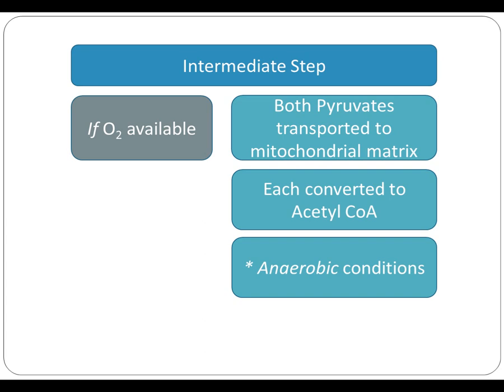It doesn't require oxygen in its pathway, which seems contradictory to what I just said, that if oxygen is available, the pyruvic acid is taken into the matrix. However, oxygen is not used in this pathway. In this specific intermediate step to make acetyl-CoA, oxygen is not an input.